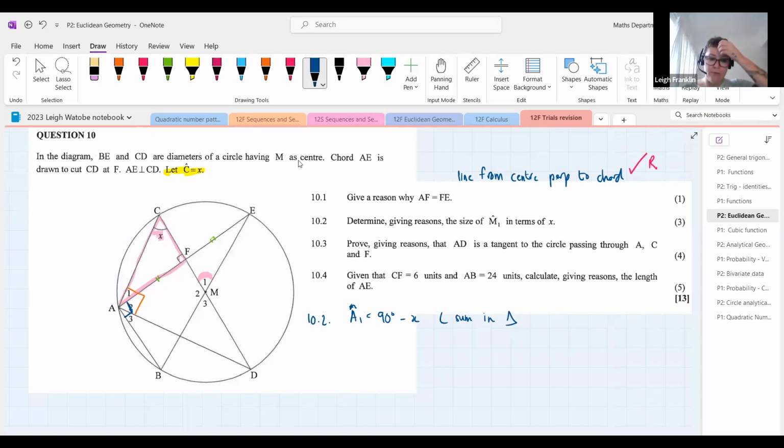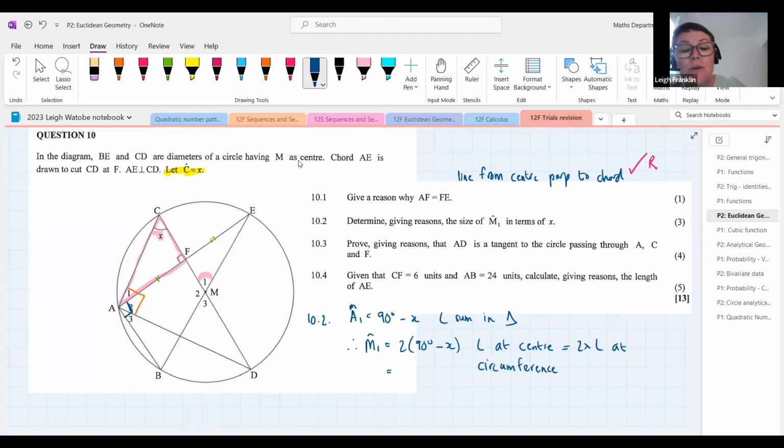Okay, now M1 is going to be twice its size. Okay, so it's going to be 2 of 90 minus X, angle at center equals 2 times angle at circumference.